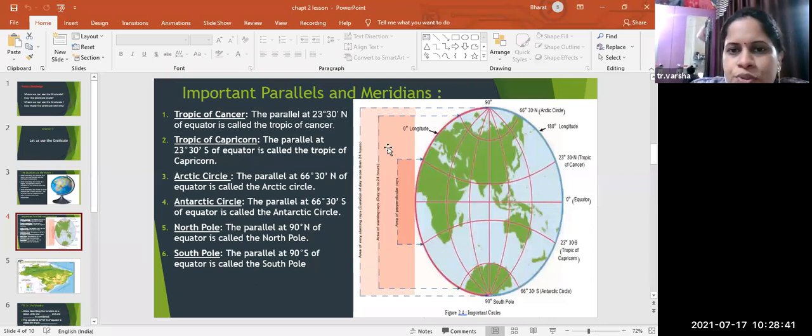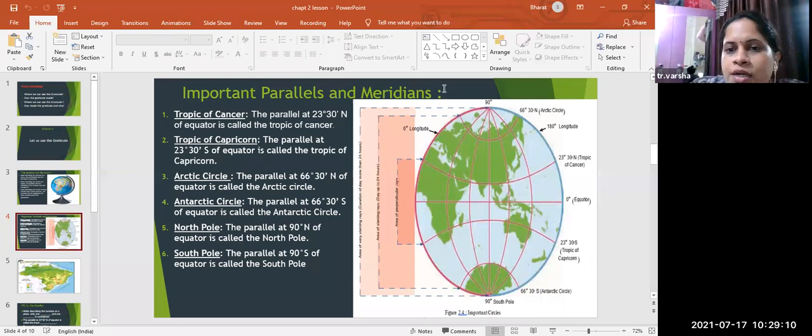Now in this picture you can see, children, 0° is the equator. When we move towards the north, the first circle we read is there because this is the area of perpendicular rays, how the sun rays are falling. So we get these two lines, one in the north and one in the south.